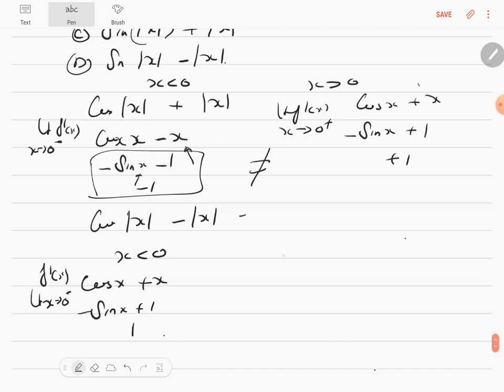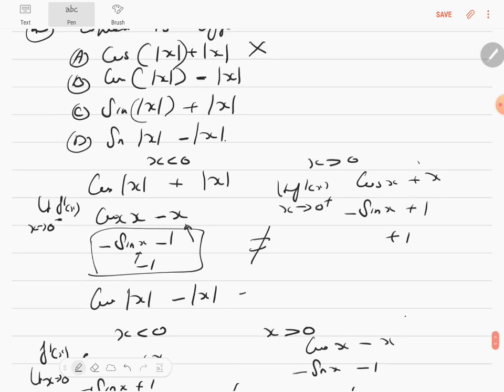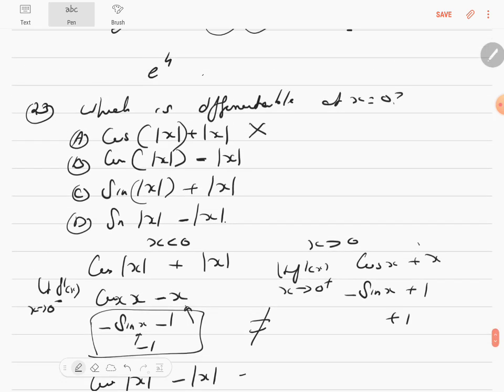And let's do the same thing for x is greater than 0, it will still be cos x minus x, and differentiating you get minus sin x minus 1. And so when you substitute 0, you get left hand limit is not equal to right hand limit, so B is also ruled out.